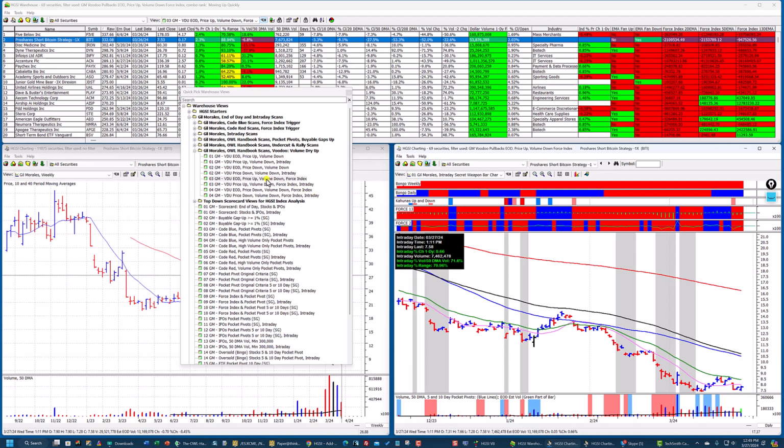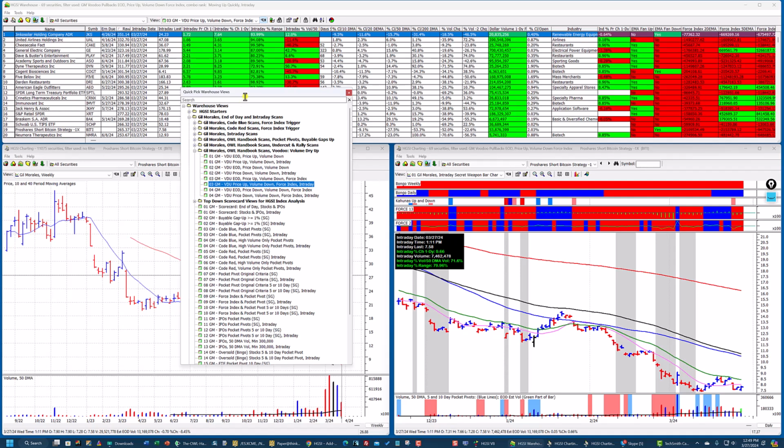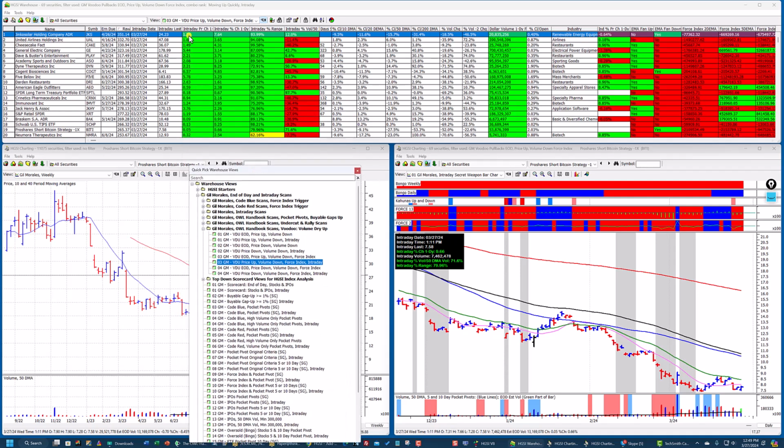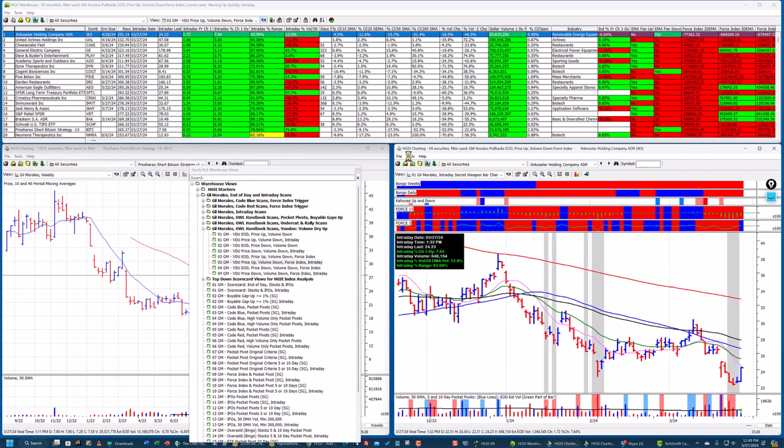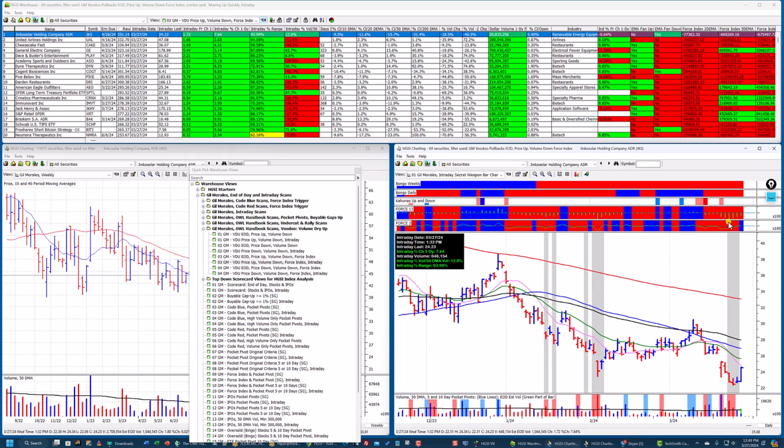So the price was up, but the volume was down, and the force index is negative on the 2-day force. And if you click on the intraday, you can see the ones that are coming out of this. Here's JKS. You can see it went from red to blue today because the force index 2-day turned positive, but the volume dried up compared to the prior days.